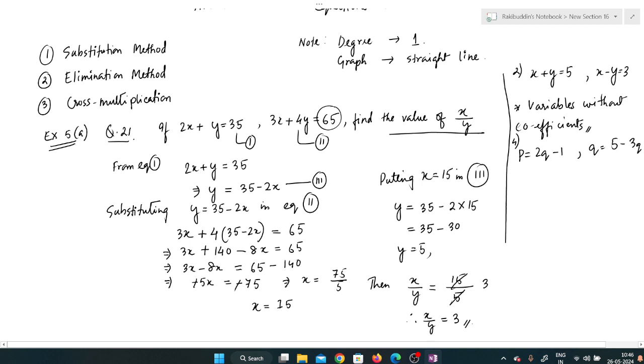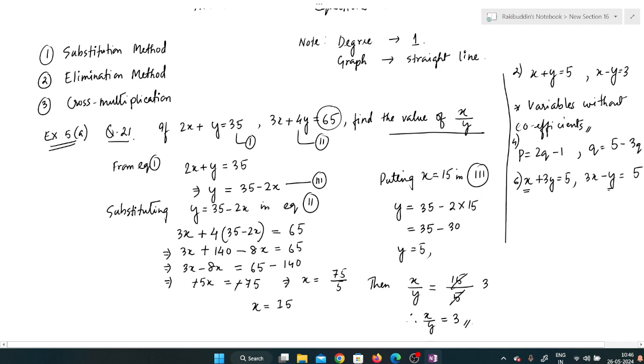For example, again you have an equation like question number 6. There is an equation which is x plus 3y equals to 5. Then here it is given 3x minus y equals to 5. Here you can see x is without coefficient, and here also y is without coefficient. So from any one of the equations you can find either, if you choose equation 1, you can take the value of x equals to 5 minus 3y.